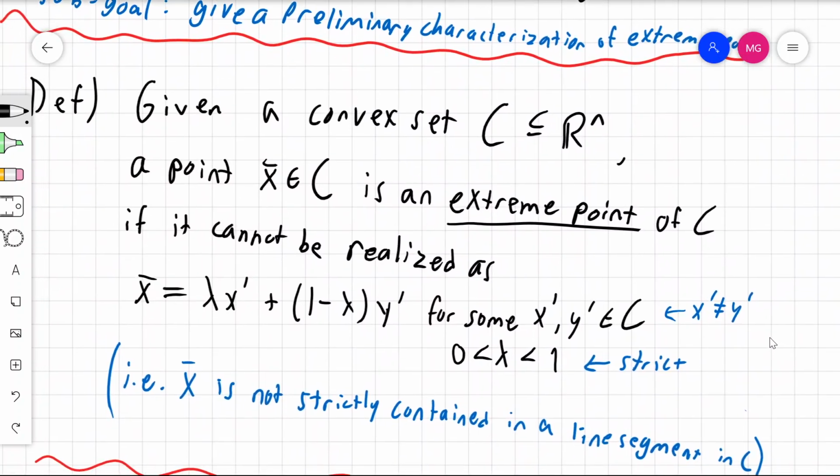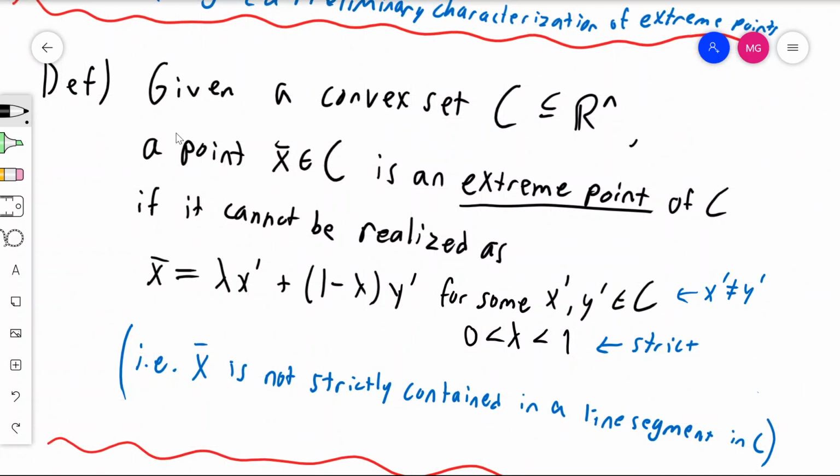Okay, so this is just formally writing down the definition of an extreme point. So if you give me a convex set C in Rn and a particular point x bar in C, that point will be an extreme point of C if it cannot be realized, so let me emphasize the not there, if it cannot be realized in this particular way here: if I cannot write x bar as lambda x prime plus 1 minus lambda y prime, a linear combination of x prime and y prime for some particular points x prime and y prime that are also in the set C that are distinct, and lambda is strictly between 0 and 1.